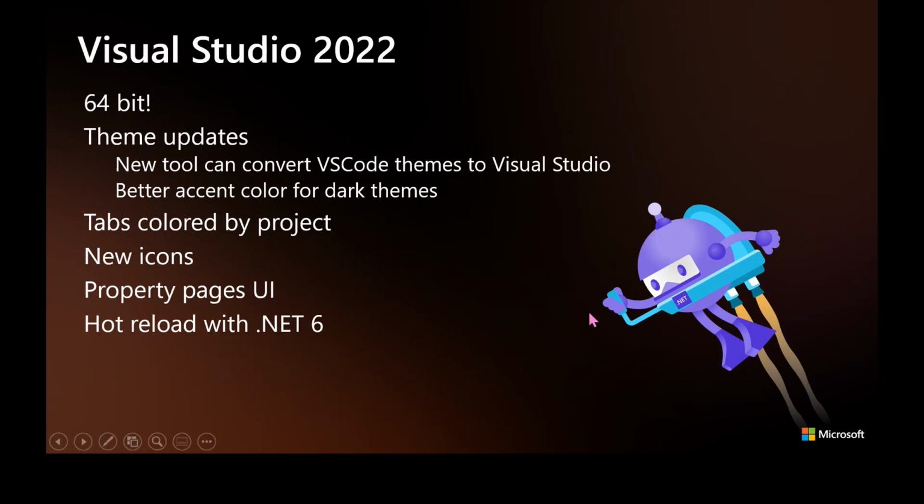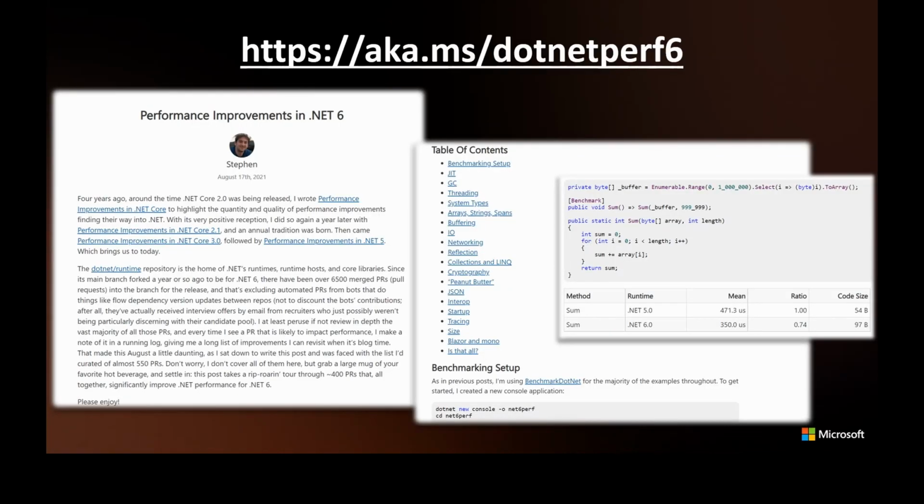I can't mention performance things without referring to Stephen Toub's amazing .NET 6 performance blog post. If you want to get super incremental on how every single update to the framework is so much faster, you can go through the 400 PRs that Stephen summarized, where we're actually getting performance improvements.